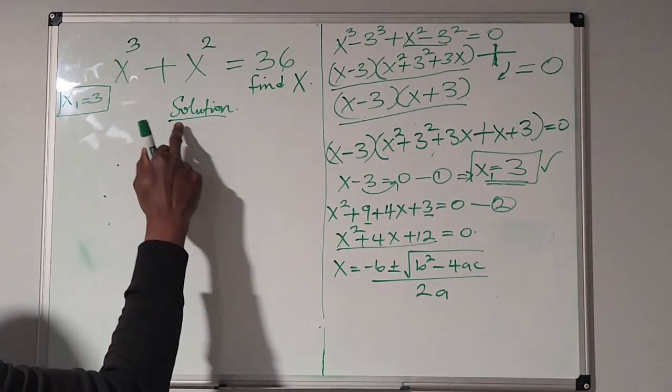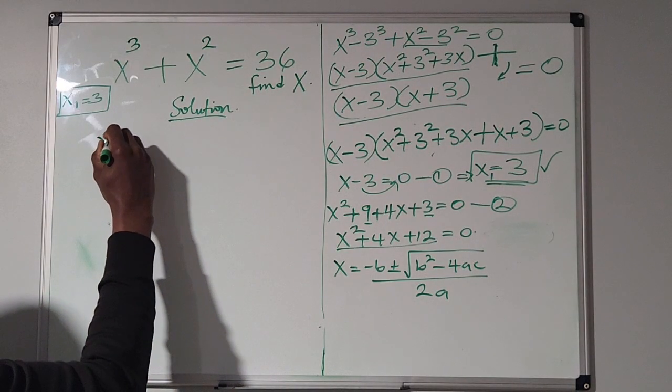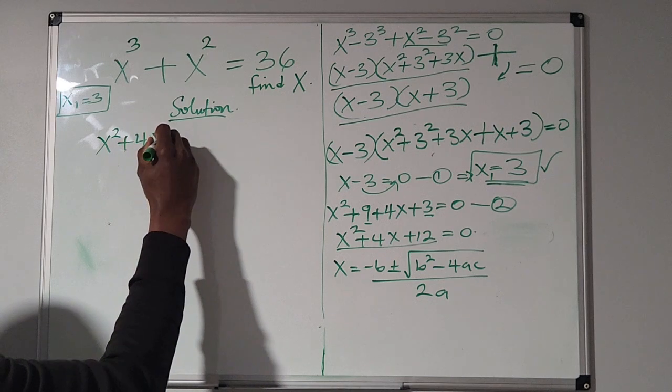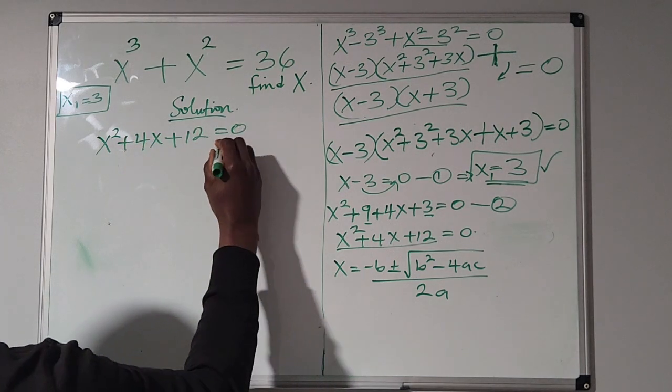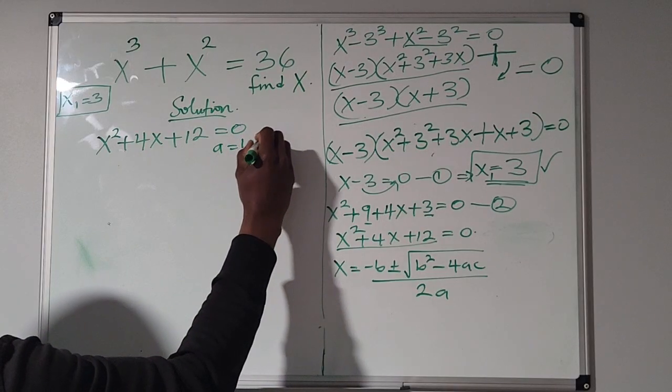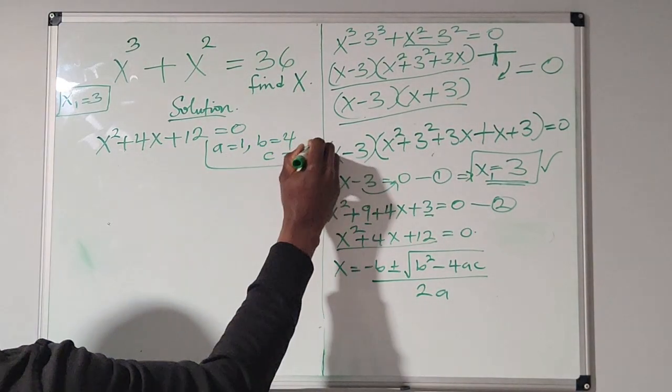And I'm just going to rewrite the equation. We have that x squared plus 4x plus 12 is equal to 0. So our a is 1, b is 4, c is 12.